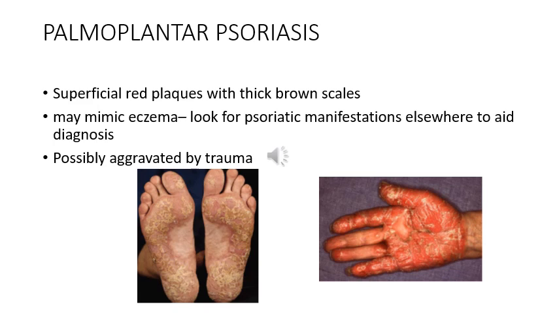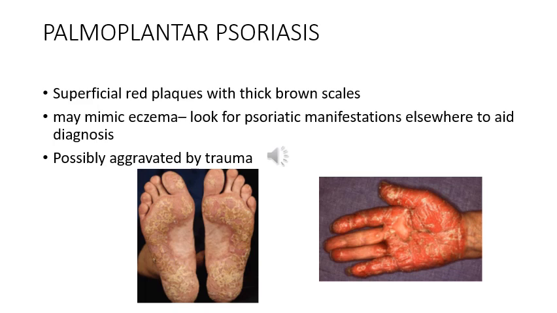Palmoplantar psoriasis is psoriasis that affects the palms and the plantar surface of the soles. It's superficial red plaques with thick brown scale, and it usually looks like eczema in most cases. The normal inflammation of skin, but in that case you have to check for the psoriatic manifestations in other parts of the body for diagnosing.